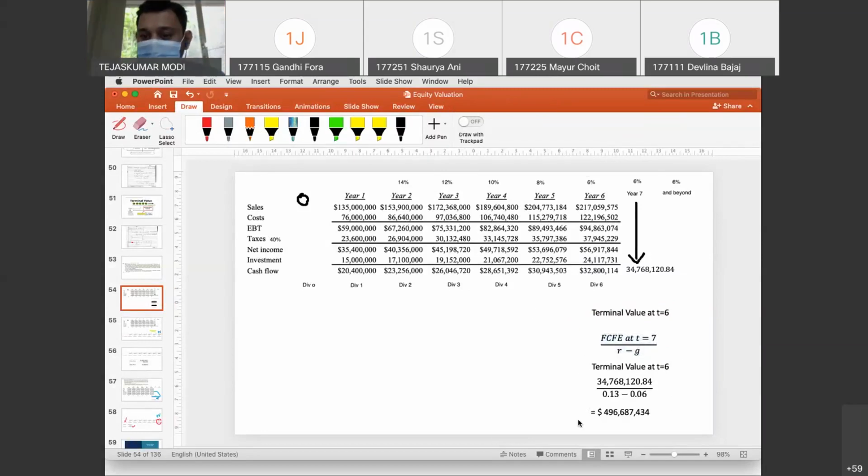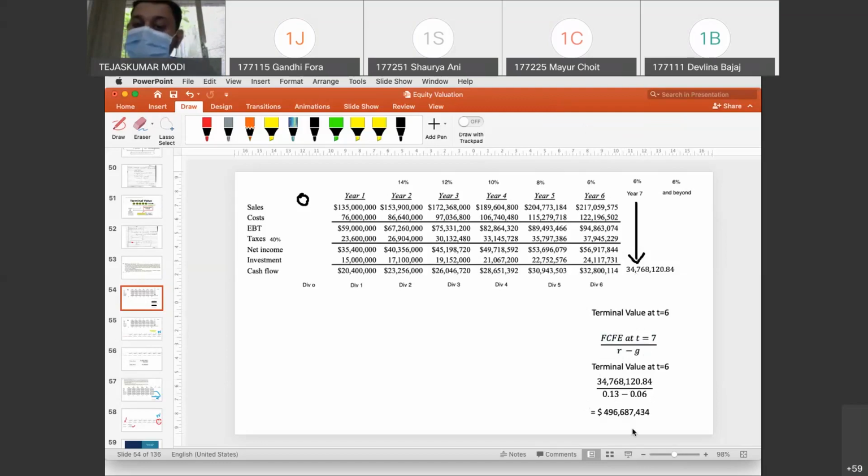This cash flow is because I'm capturing here the formula of growing perpetuity, right? The growing perpetuity formula is the price at time 0 equals dividend 1 divided by R minus G. So if I'm calculating here at time 6, the FCFE has to be that of time 7, the next period, divided by R minus G, 0.13 minus 0.06.